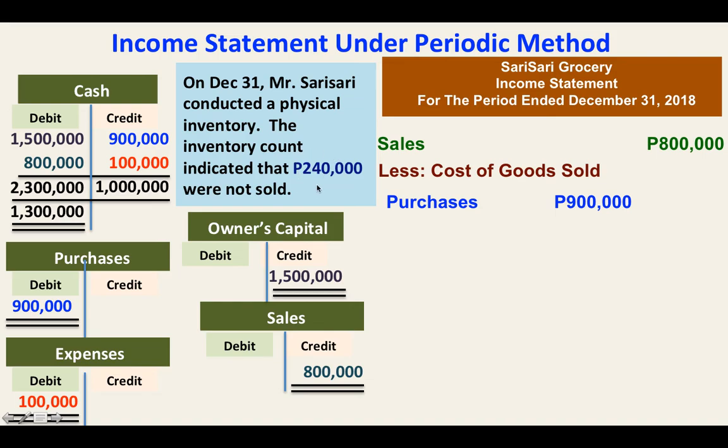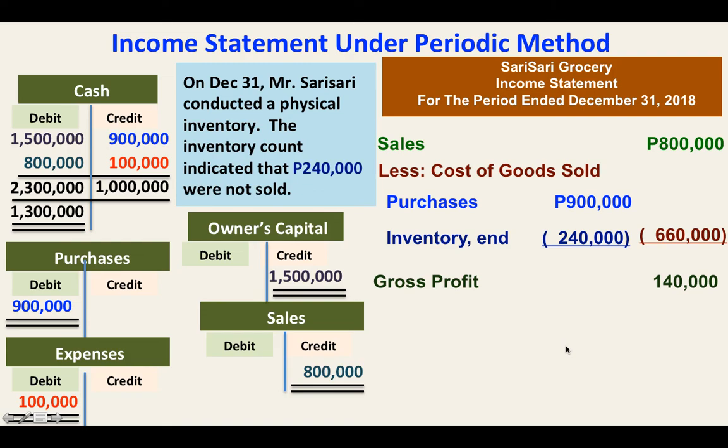So we will deduct this ending inventory of 240,000 from the 900,000. 900 minus 240,000, that will be your cost of goods sold. So sales less cost of goods sold of 660,000, that will be your gross profit, less expenses of 100,000, that will be your net income.